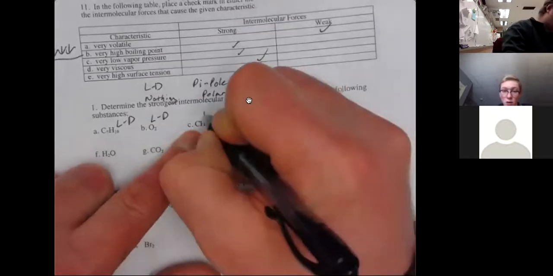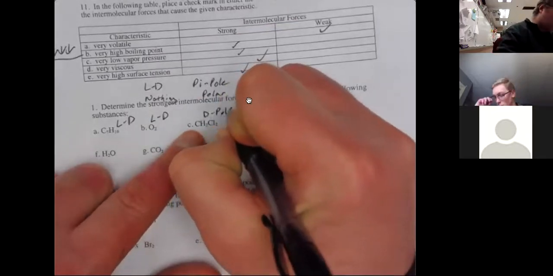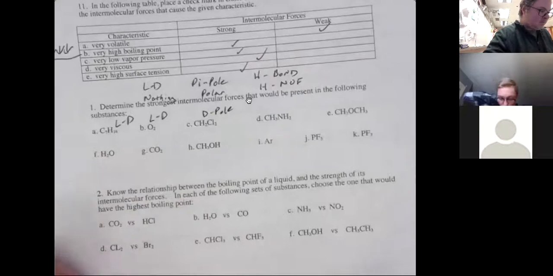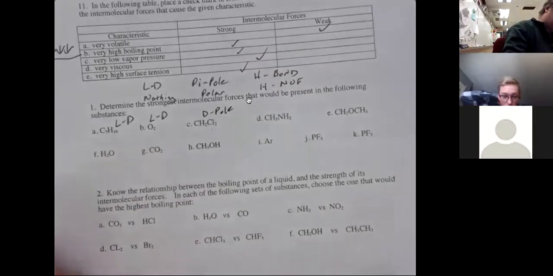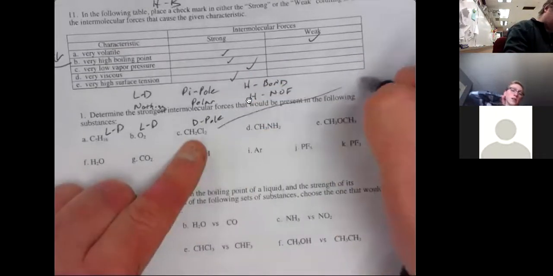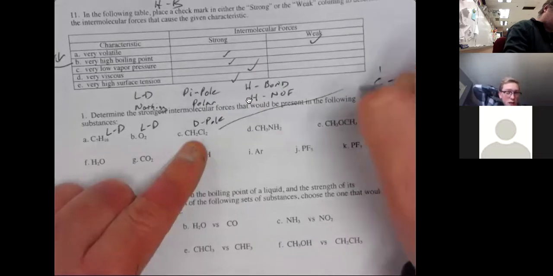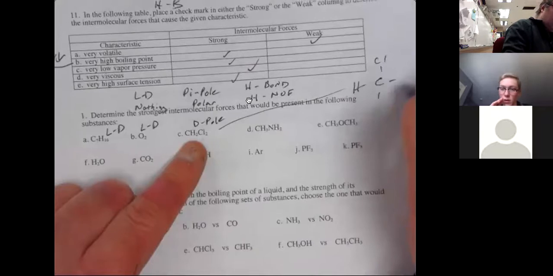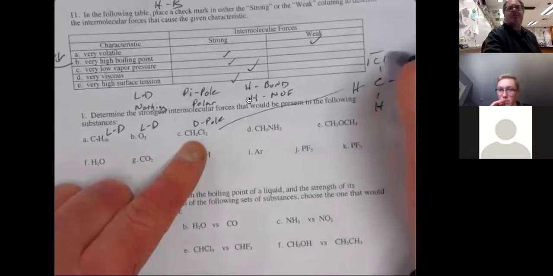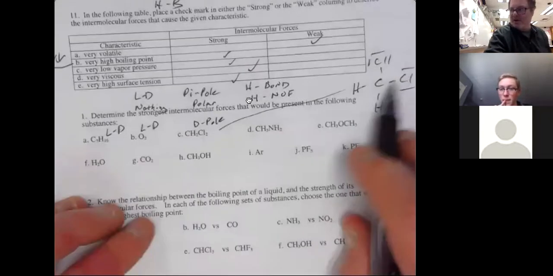Here we've got polar, so that's dipole. How do we know that's polar? Is that because the chlorine and the hydrogen are 0.9 apart? No, it's based on the carbon. You have to draw the actual structure out.